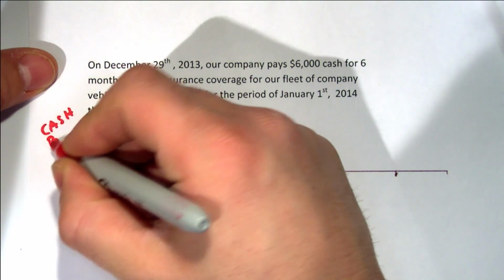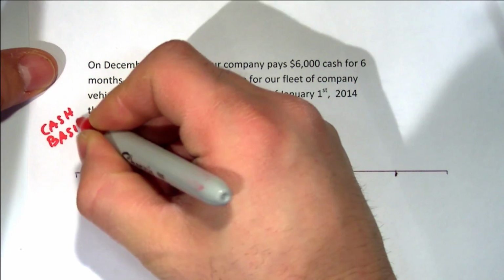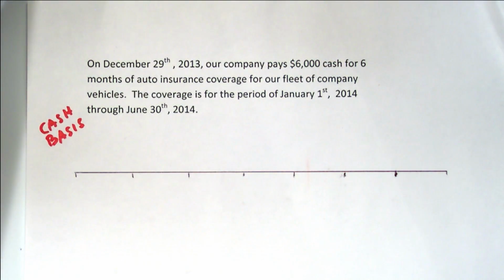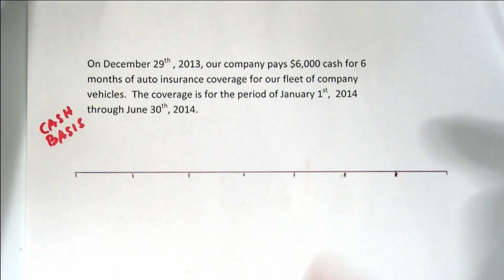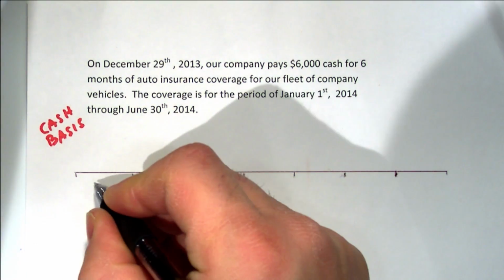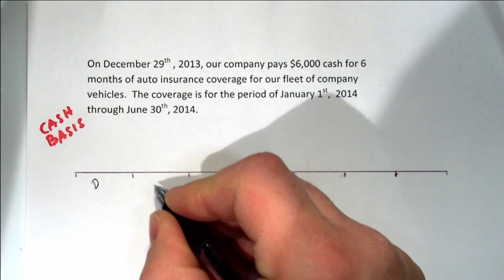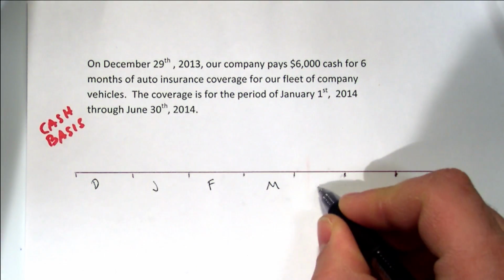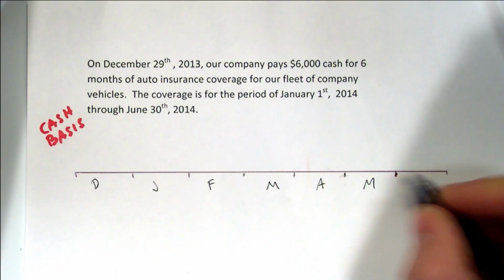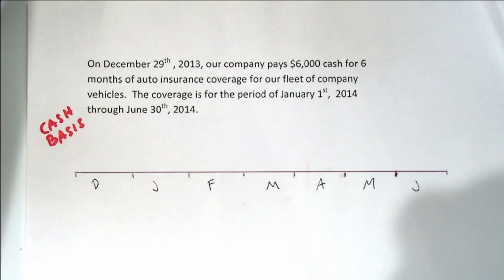But if we used the cash basis of accounting, how would that look? Now, I have a timeline here, okay? And this is the period of December. This is the period of January, February, March, April, May, June, okay?